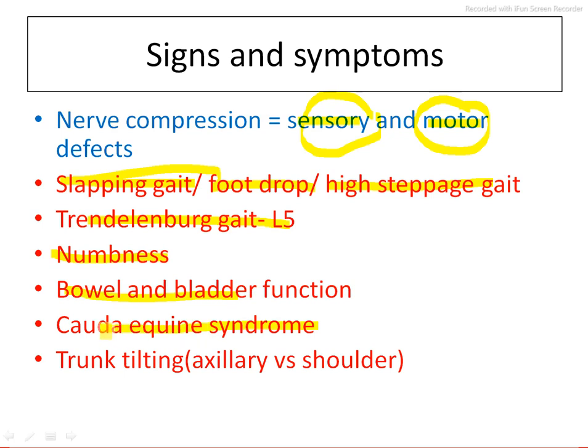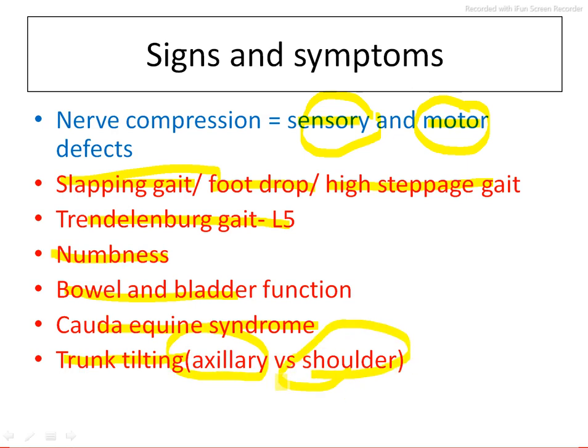Then we need to suspect cauda equina syndrome, and there can sometimes be ankle areflexia, then high suspicion for cauda equina syndrome. And trunk tilting, as we have already discussed in the case of axillary versus shoulder type.